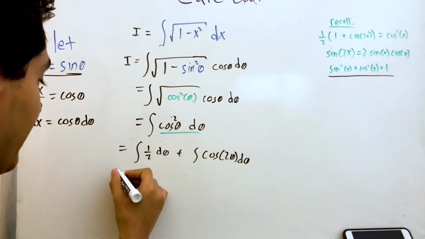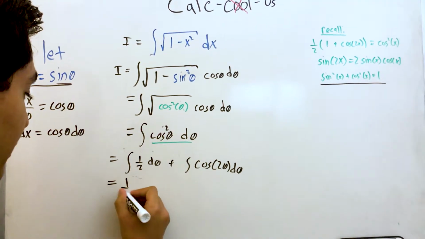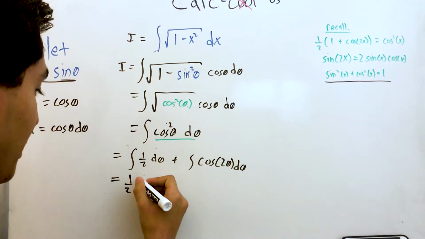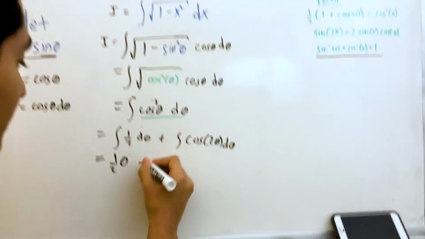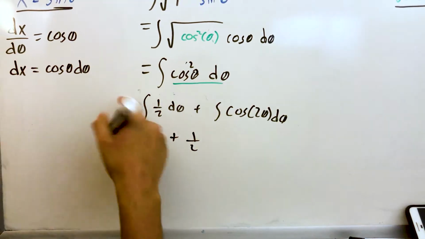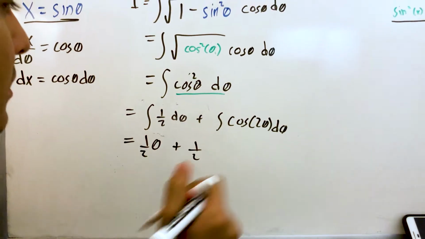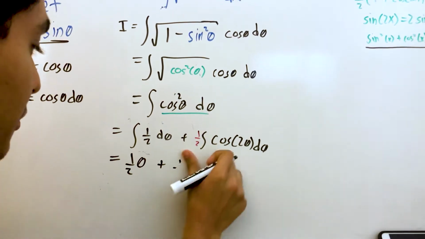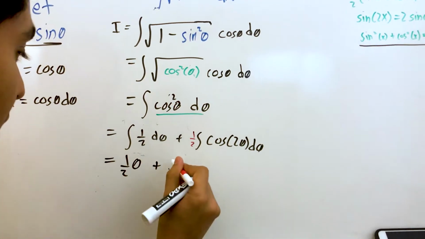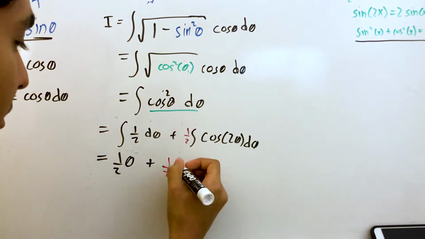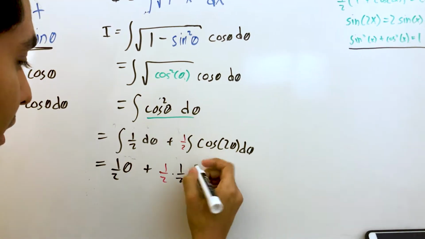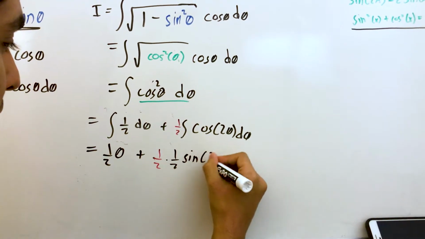So this is going to be 1/2 the integral of a constant, which is just that variable, theta, plus, oh, I forgot the 1/2 here. Sorry about that. Then this is going to be 1/2 times another 1/2, just like the last video, of sine 2 theta.